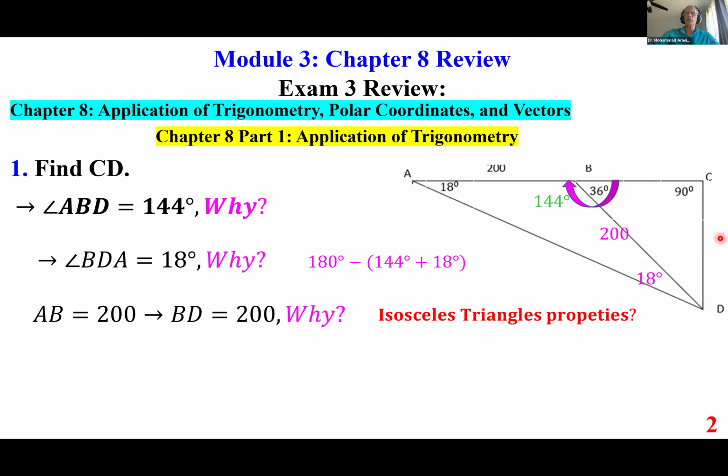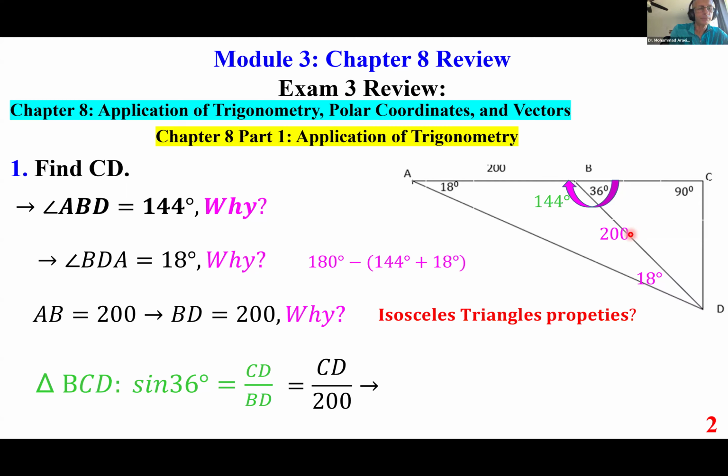We want to find this distance. Sine of 36 degrees is the opposite, which is CD, over the hypotenuse, which is BD, and we do have this one to be 200, and therefore CD is the product of 200 and sine of 36 degrees.